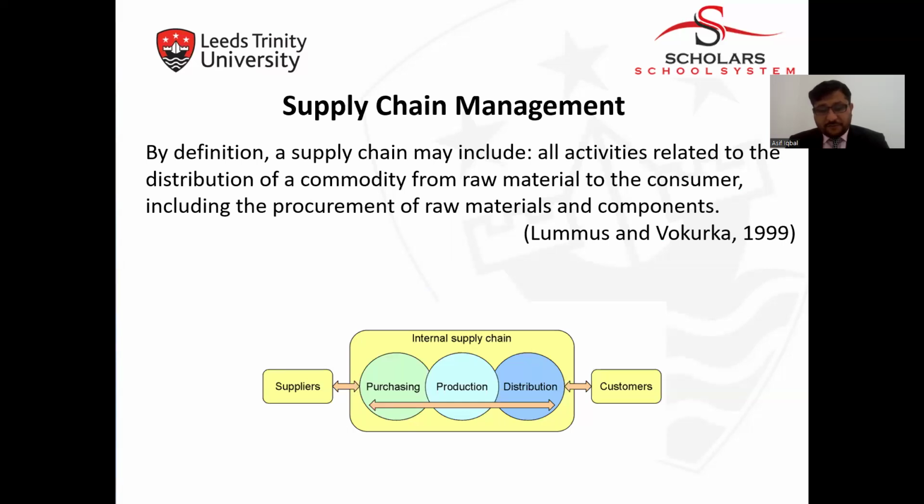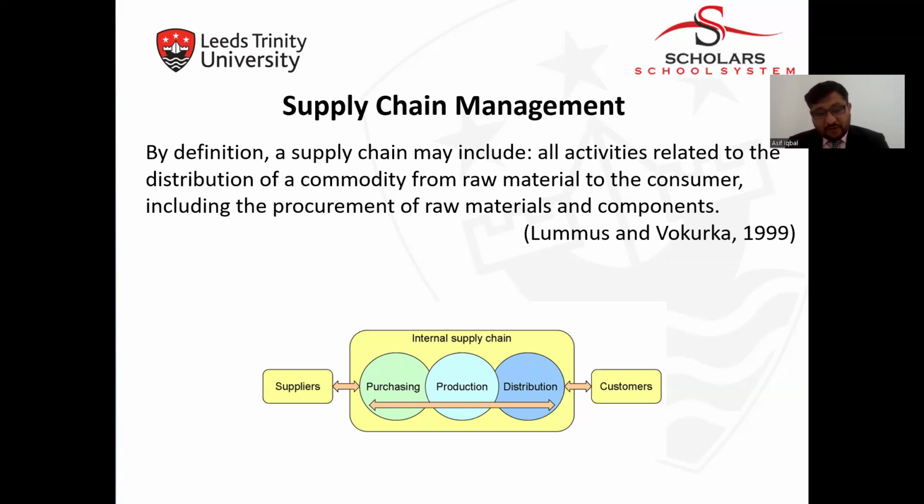If you look at the picture in this slide, on one side there is a supplier, on the other side there is a customer, and inside the box there is an internal supply chain. It means the business purchases things from the supplier. First of all, purchasing is here.